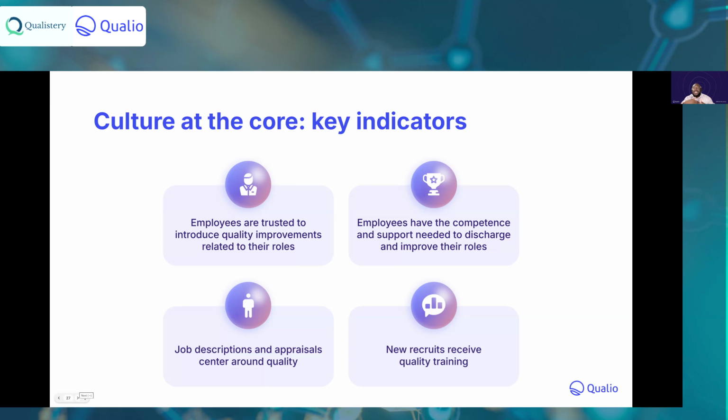So when we are doing performance appraisals, it has to be centered around quality, and that drives quality, because if I know my job is on the line because of quality, I'm going to take more effort to learn those principles and implement them in my day-to-day activities. And that allows me to take ownership and use quality principles to improve the entire process.